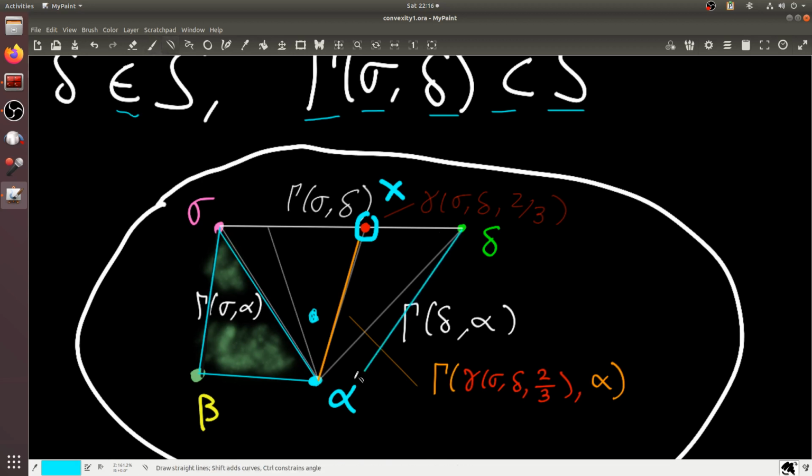By convexity, the shape contains the straight line from delta to alpha. Then you pick a point x that's on the straight line between sigma and delta, and by convexity, S also contains this orange line, the straight line from x to alpha.